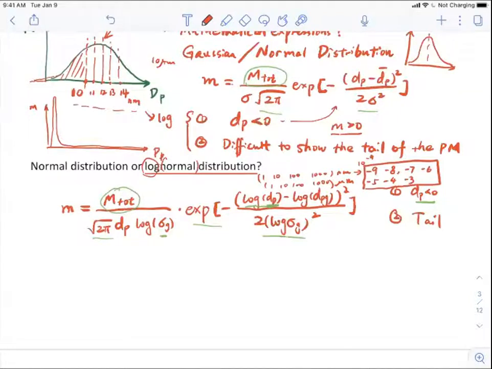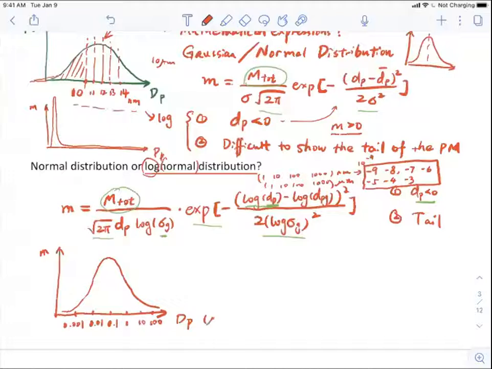So we convert this particle size of orders of magnitude difference into a new linear scale, right? What I mean is that if you plot the log normal size distribution, you're just going to have, let's say, 0.001, 0.01, 0.1, 1, 10, 100.